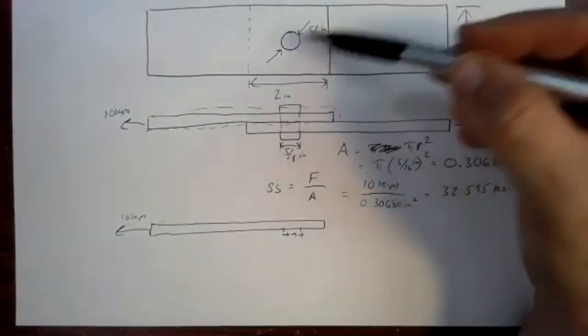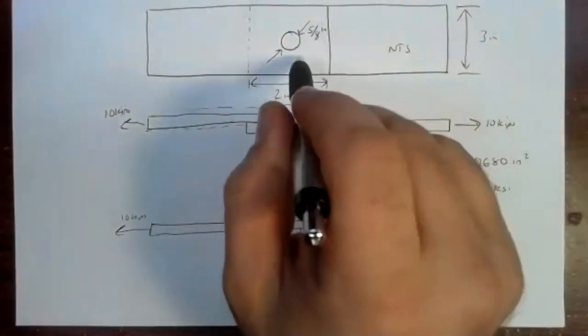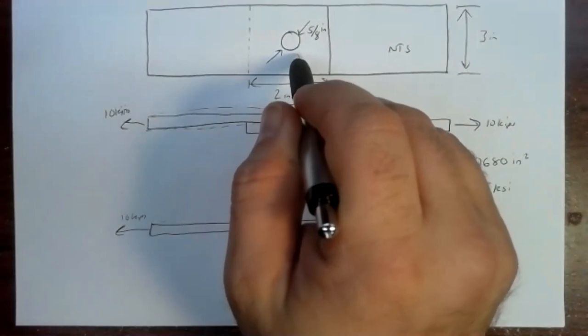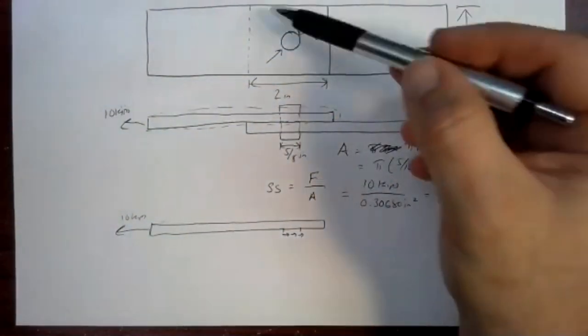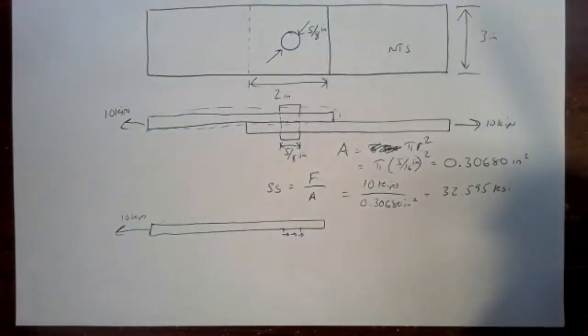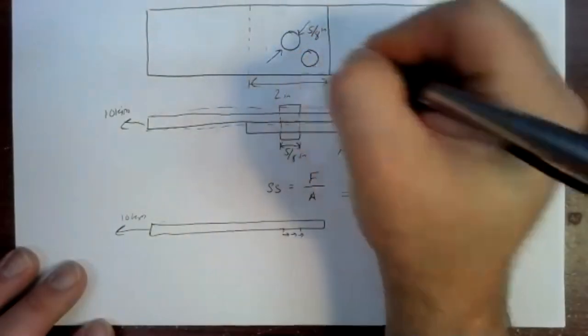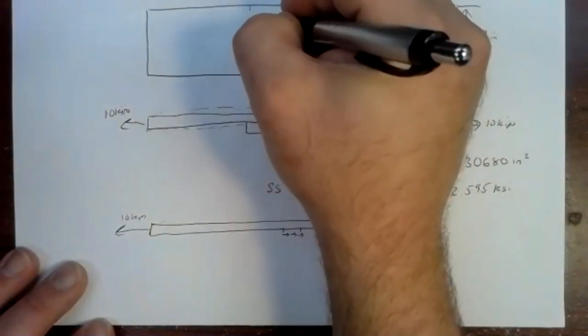But you could increase the area that way, or you could increase the area by adding more fasteners. If we put another, let's just say we put another 5/8 inch bolt there, and maybe another one here.